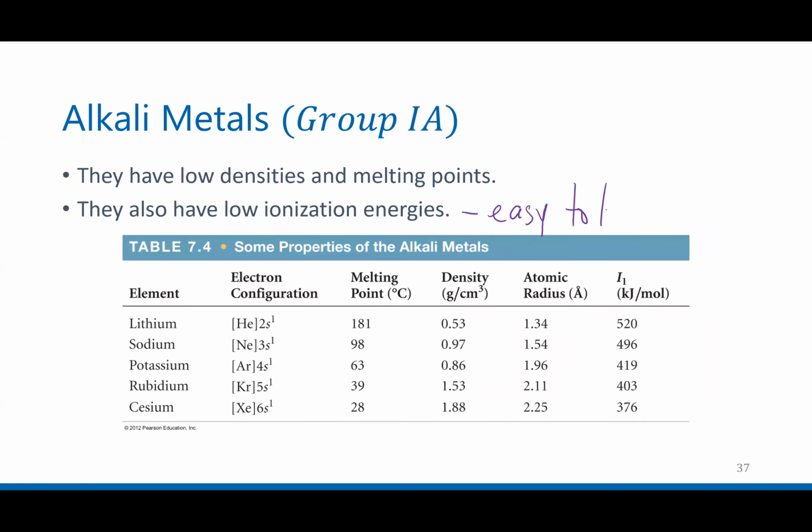Easy to lose electrons, and that's why they are cations. All right, it's easy for these guys to lose electrons, so they form cations typically.